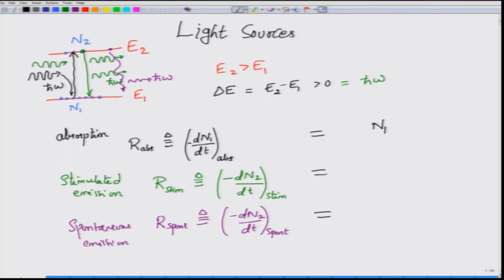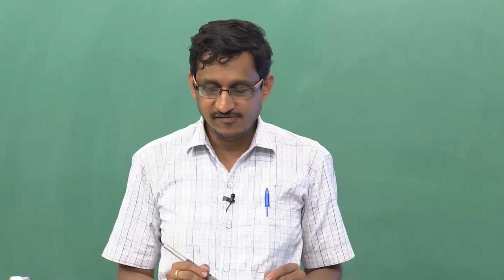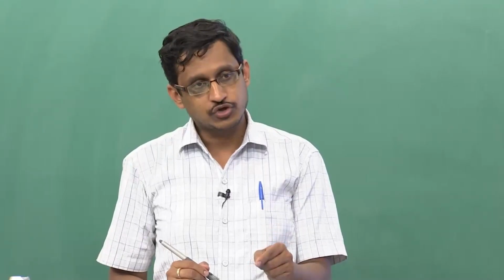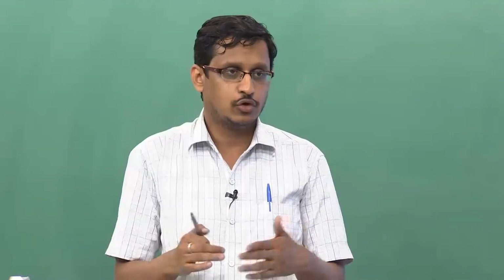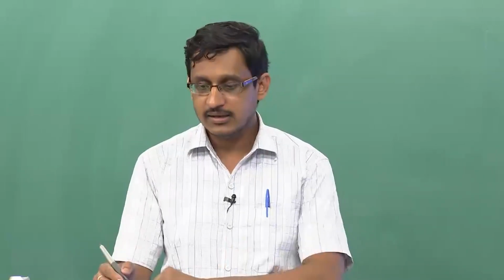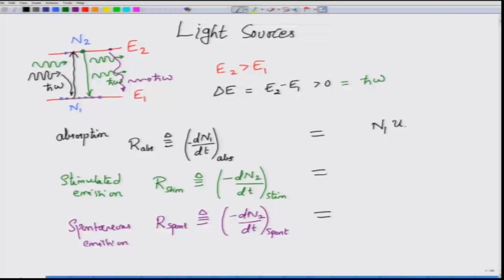Then, because this requires an external energy in the form of a photon, it must also be proportional to the external photon coming in. So, the photon flux or equivalently the energy spectral density, which we will call U_S of omega.